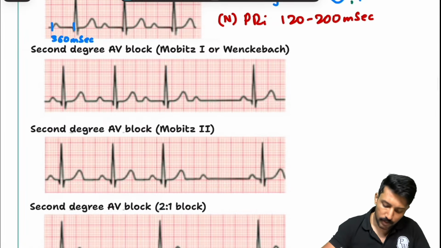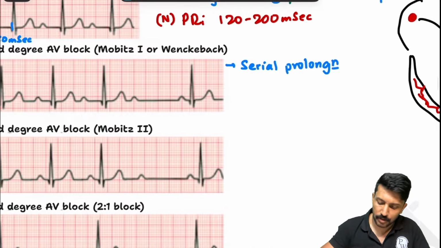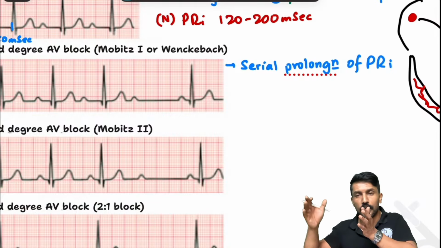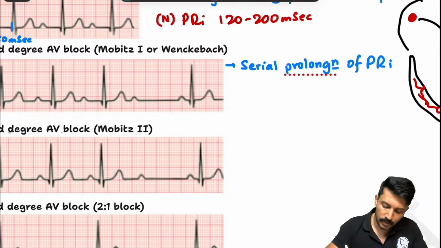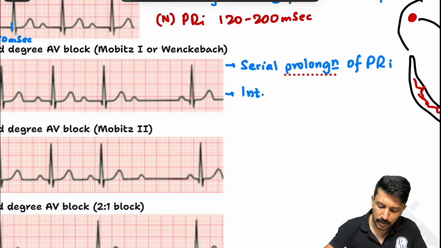We will have serial prolongation of PR interval. Why? Because the AV node is increasing its delay. AV nodal delay goes on increasing till a point where the AV node fails to conduct the impulse to the ventricle, and then I will have a missed QRS. So we will have an intermittently missed QRS.